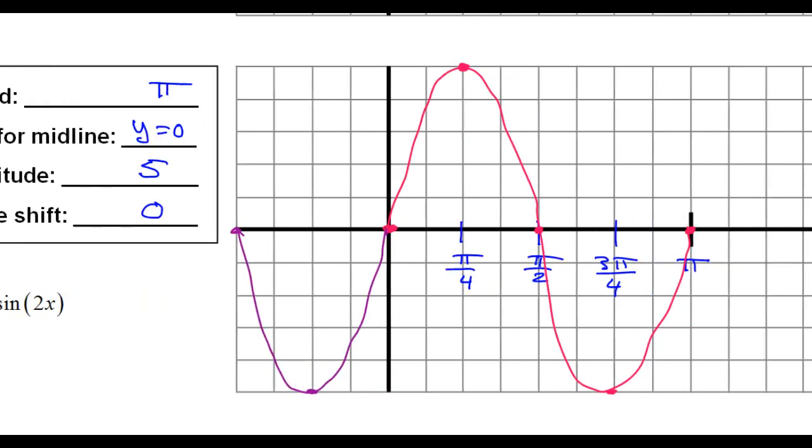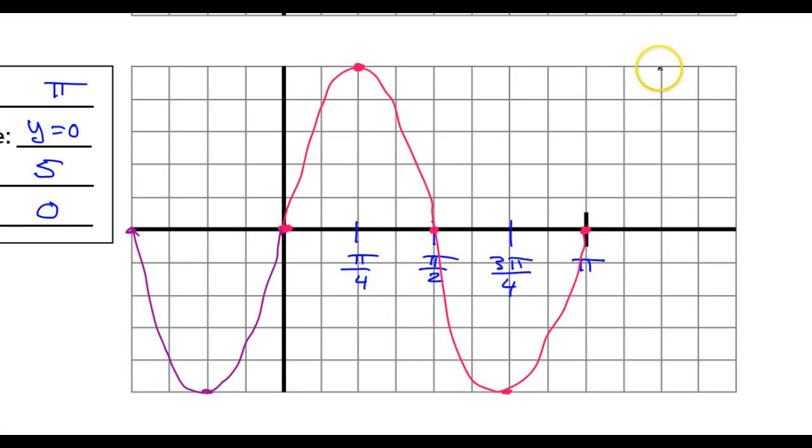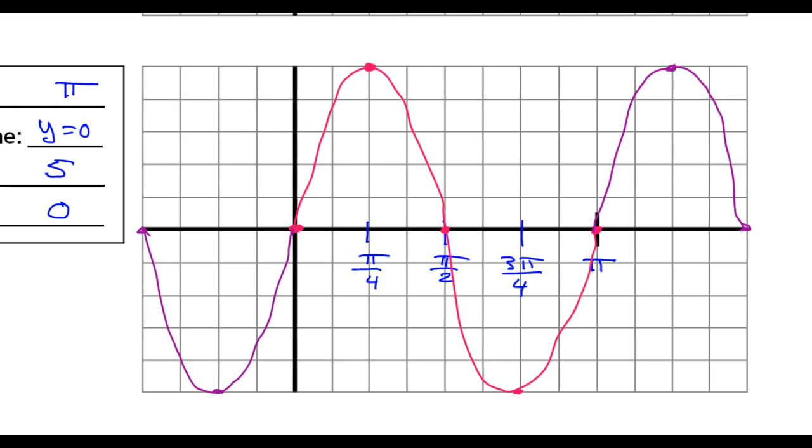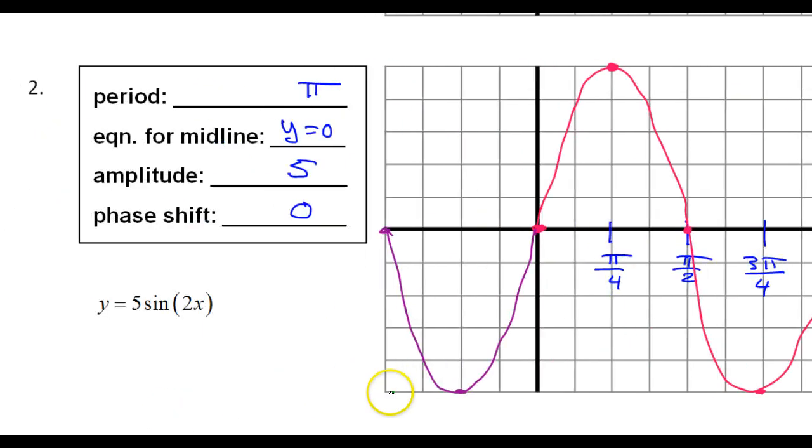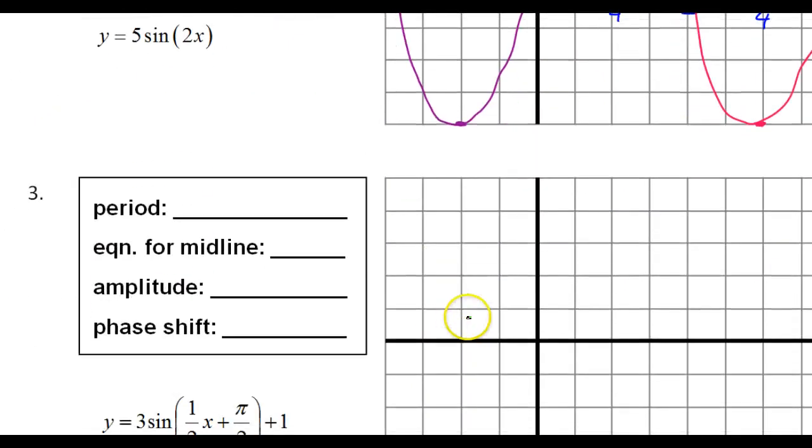Okay, so that's what it would look like extended over here, and then of course it would go up and back again. So that's what the rest of the graph would look like. Here's one period of it, and then there's what it would look like extended. So that's what problem number 2 is all about.